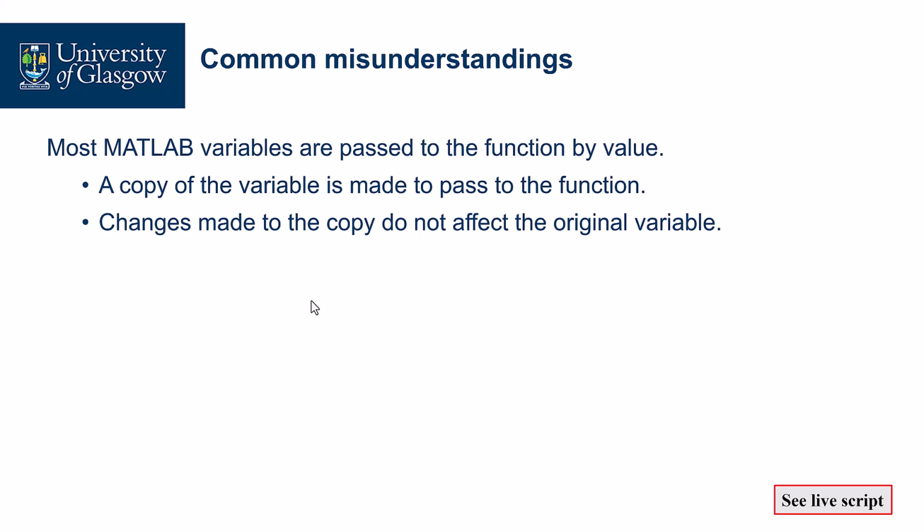For example, we define a equals 5 outside the function, and a is an input of this function. Inside the function we change the a value from 5 to 10, but this doesn't affect the a defined outside the function. The 10 is inside the function and may be part of the function output, but the value of a outside the function doesn't change.